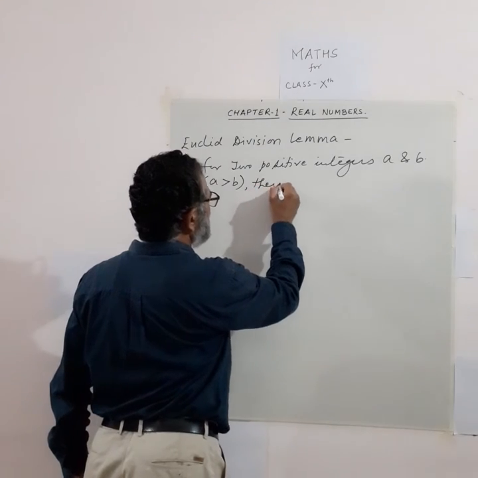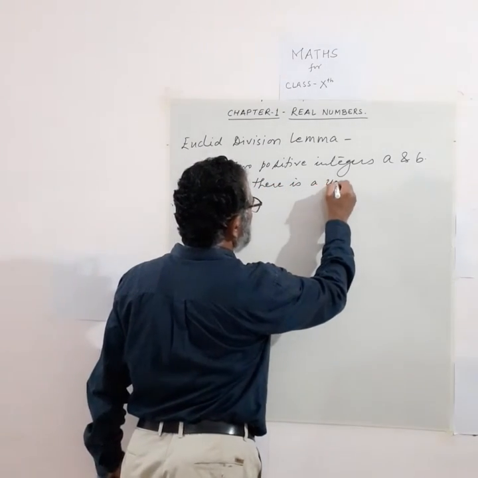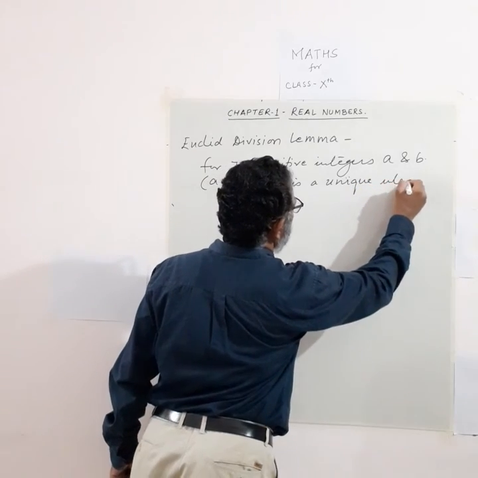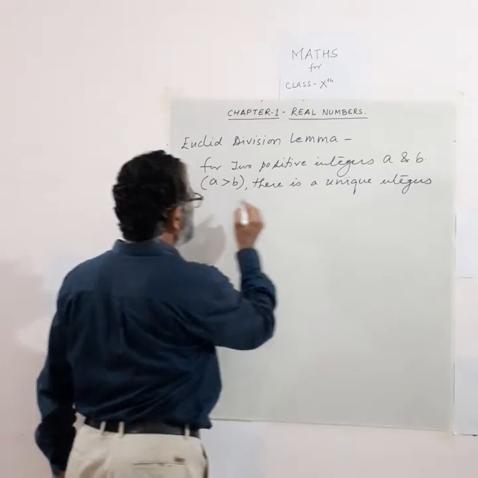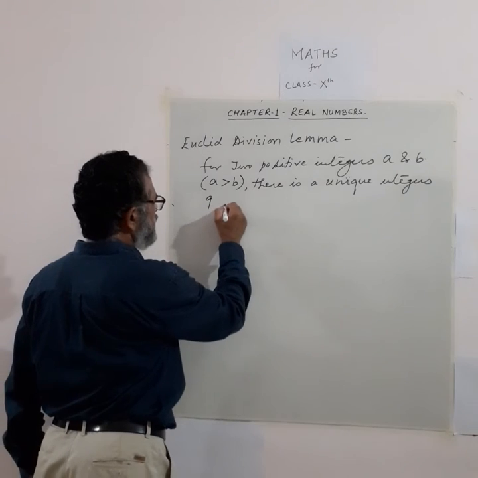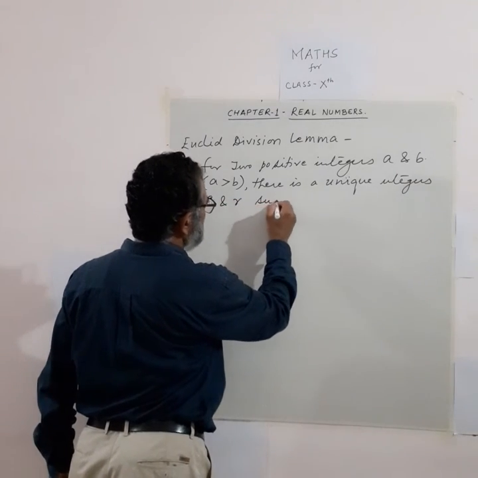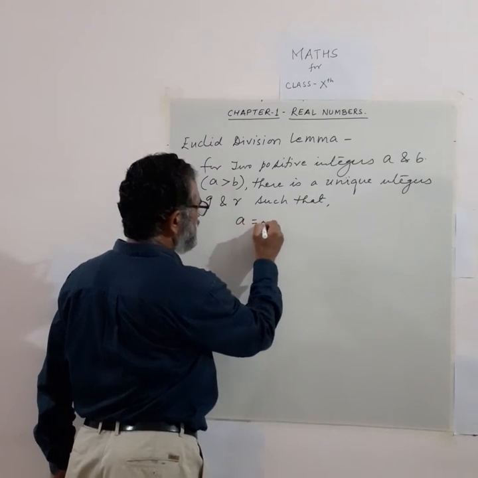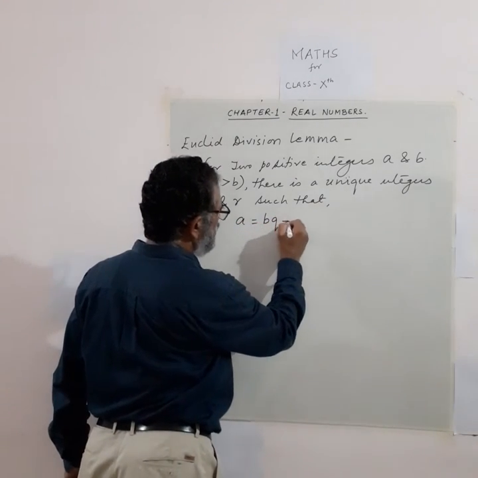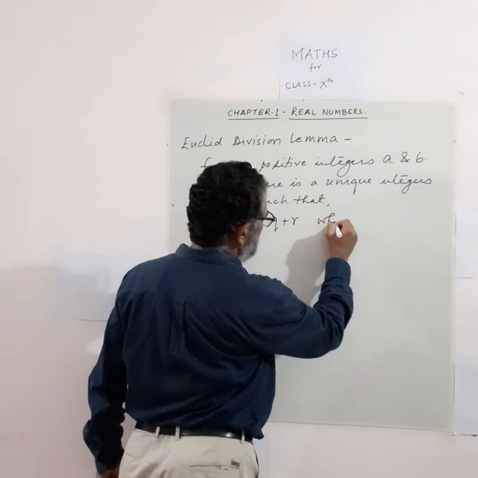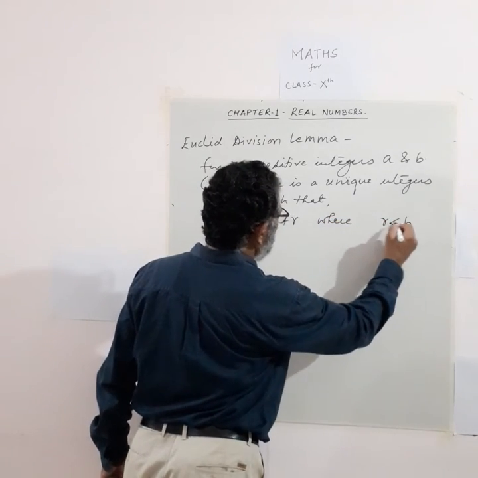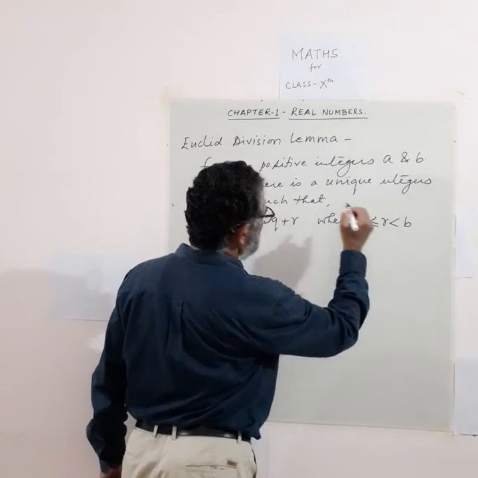There is a unique pair of integers q and r such that a equals b into q plus r, where r is less than b and greater than or equal to 0.